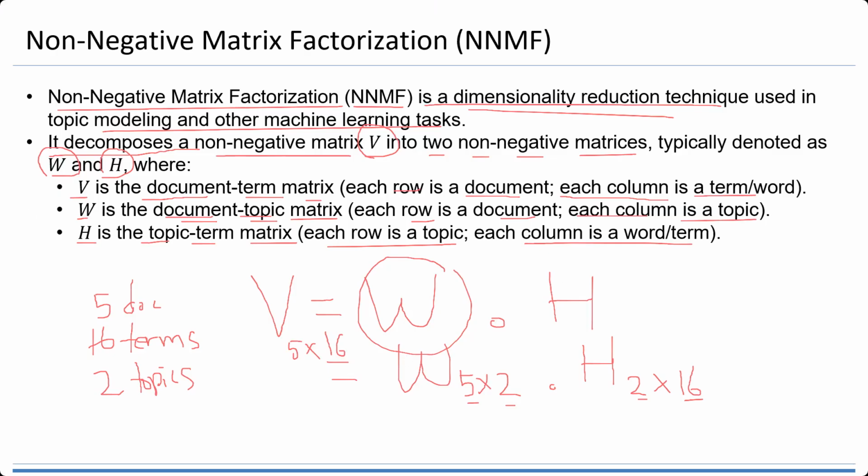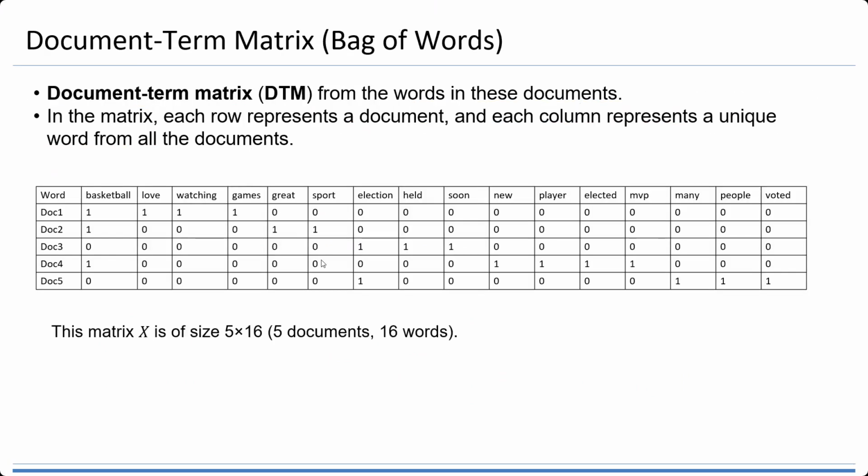Okay. So based on this idea, we want to look at the details. So the document term matrix, as I mentioned to you, the document comes first, so it is the row, and the term means the column. So in the matrix, each row represents a document and its column represents a unique word from all the documents.